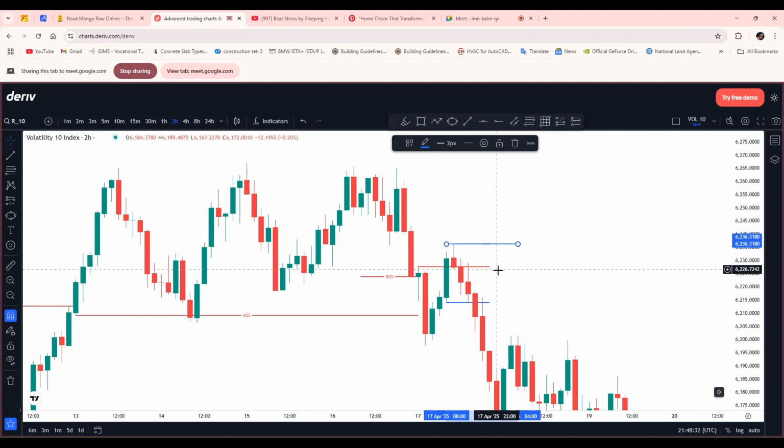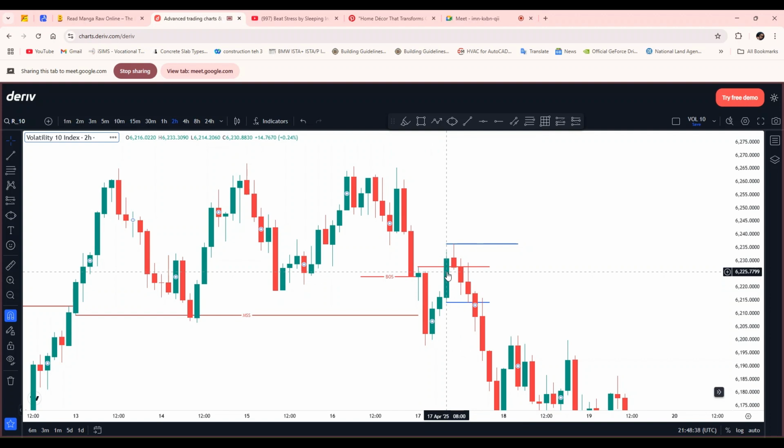And what you can pay attention to is on the 2 hours, it shows as if we had a break, or a break as per what we would expect. But this is just the 2 hours. The 4 hours shows us differently. We're not gonna be dissuaded. We're not gonna be confused by a lower time frame's perspective. If the highest time frame shows you that the close never happened, it never happened.